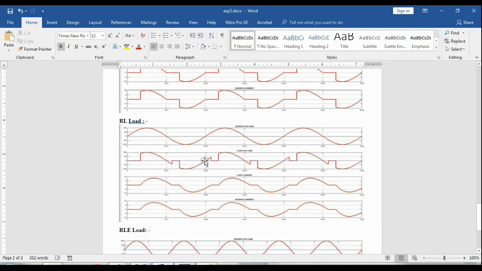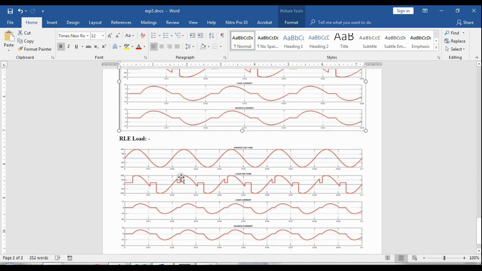Again it continues, and here it won't be 0 because of the inductor effect. Still it continues. Now it is 0. Like this the waveform will continue in RL load. This is the corresponding current waveform. The current is not 0 at this point, so the voltage will still go on to be negative, because T1 is still on.